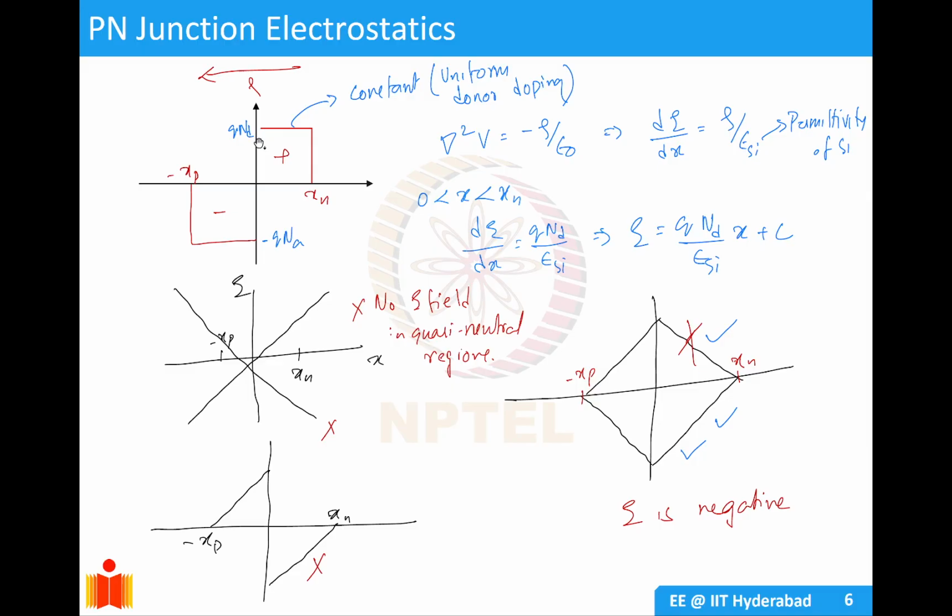For an abrupt junction, the charges in the depletion region will be constant, which means if the doping is uniform, the charges will be constant. You can see here it's QND on the right and QNA on the left.